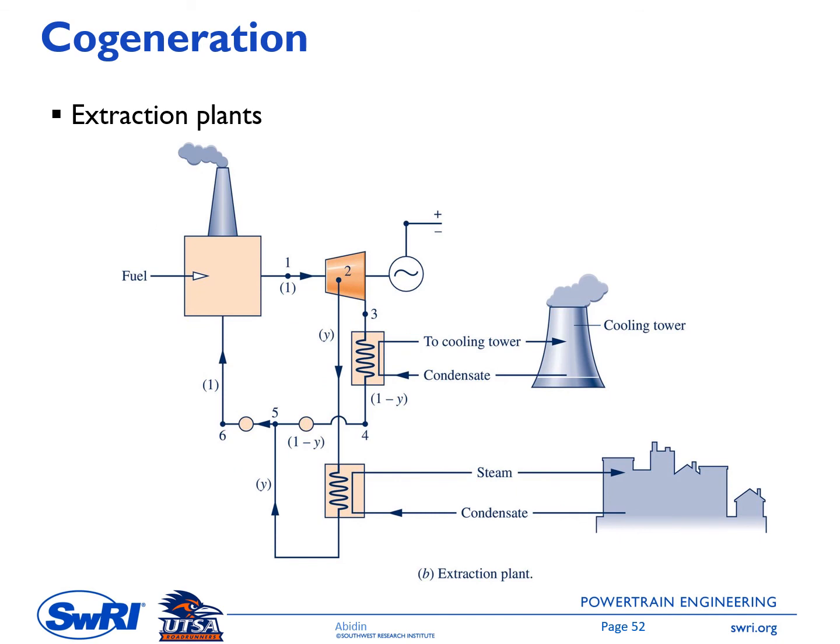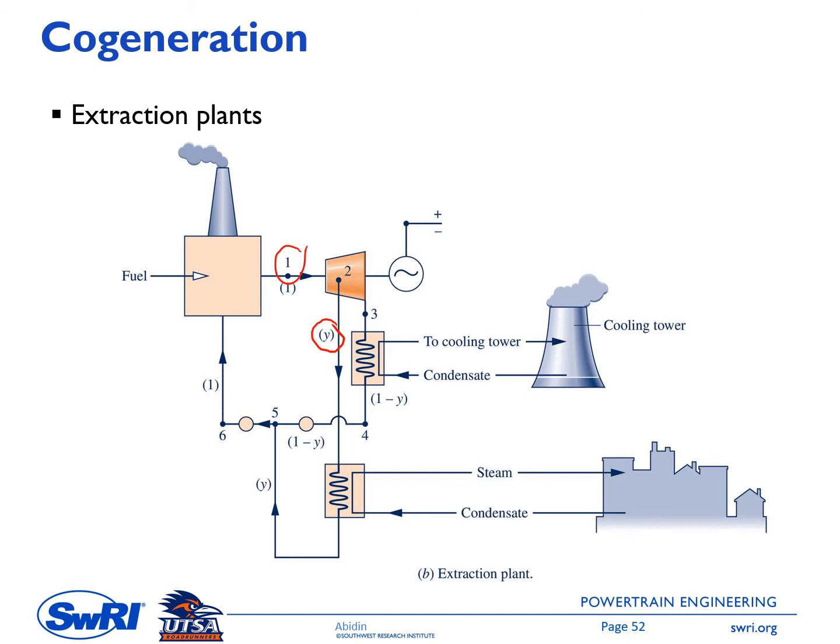The second option is what is called an extraction plant. You see in this schematic, we have point 1 entering the turbine, and then some of the working fluid is extracted, represented by this y. This is the fraction of the extracted working fluid.